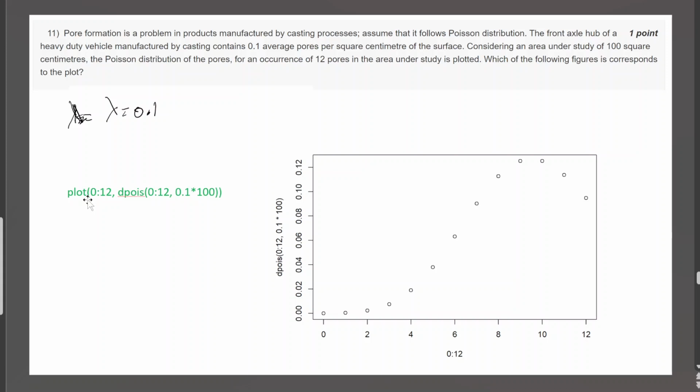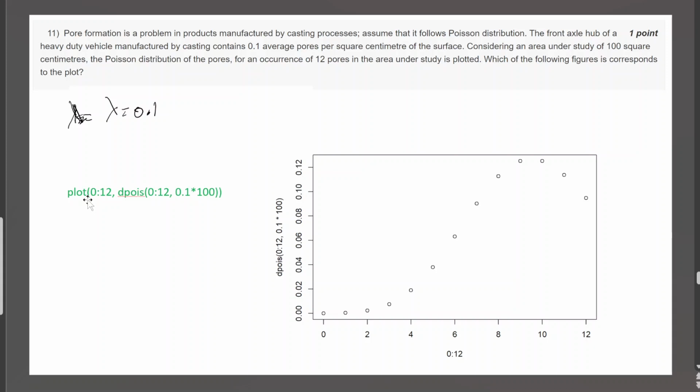This is directly plotting, taking the values from 0 to 12 and the Poisson distribution for exact values like 1, 2, 3 from 0 to 12, and lambda into n.